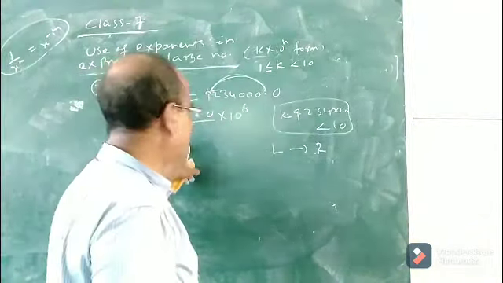It is kept silent because the point is getting shifted from right to left. So now you divide this number, you know how to divide, and it will be 9.234 into 10 to the power 6. Very simple.